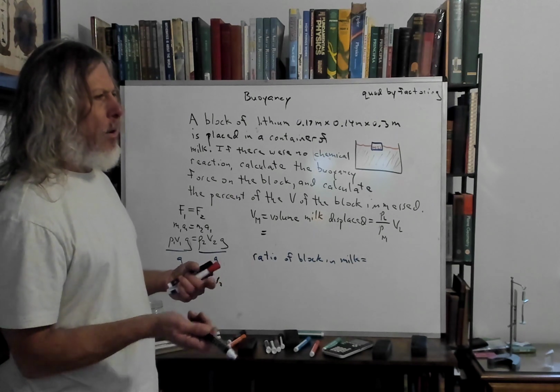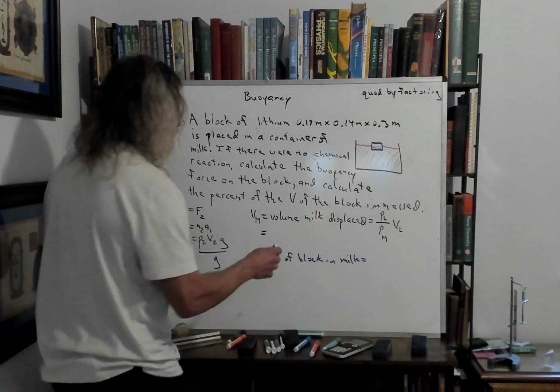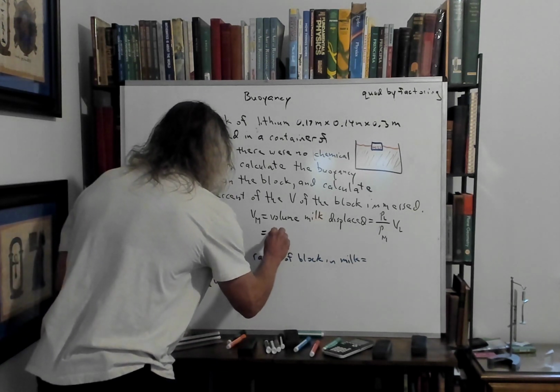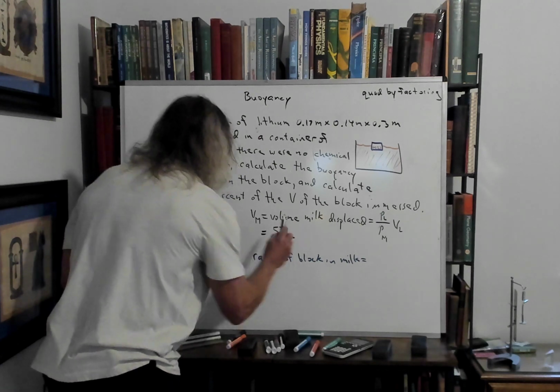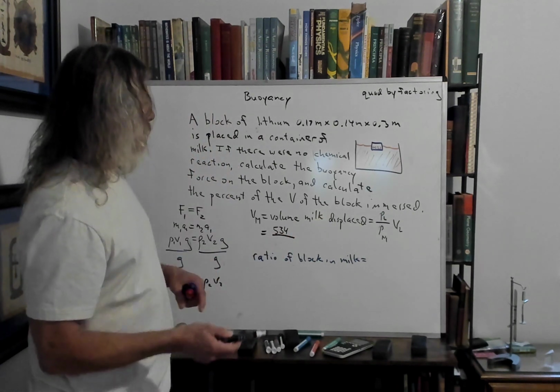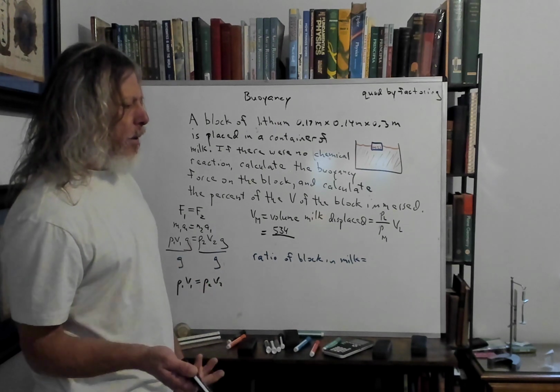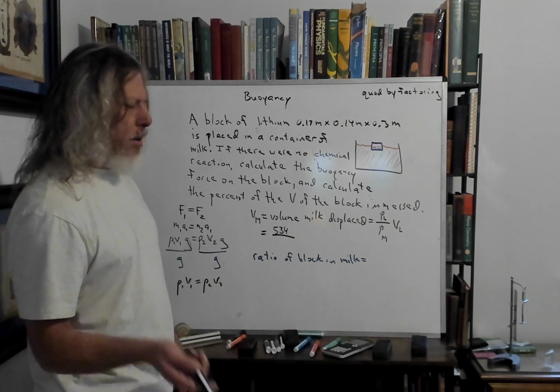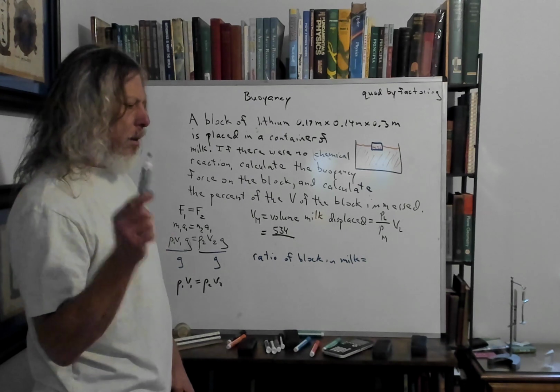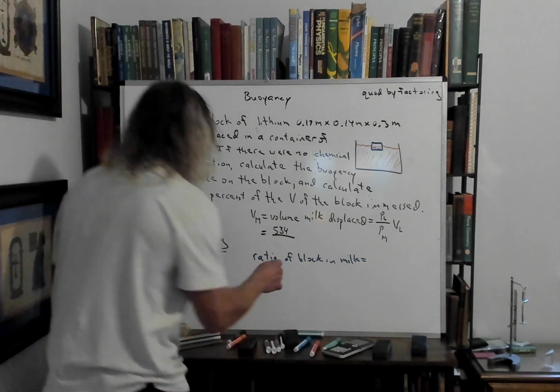So 534 kilograms per cubic meter. And the density of milk is 1.03 grams per cubic centimeter, multiplied by 1,000, 1,030 kilograms per cubic meter.